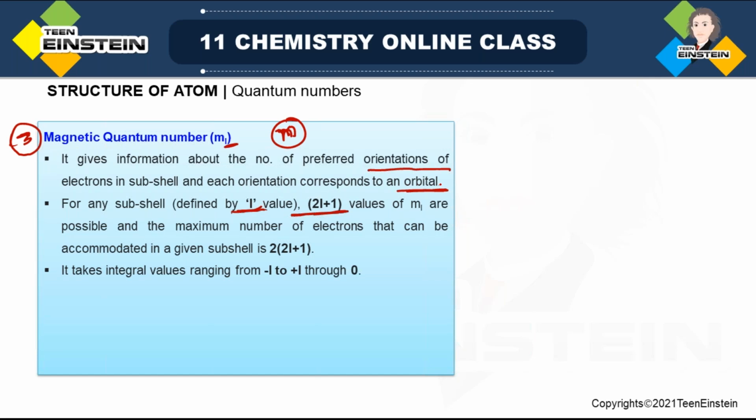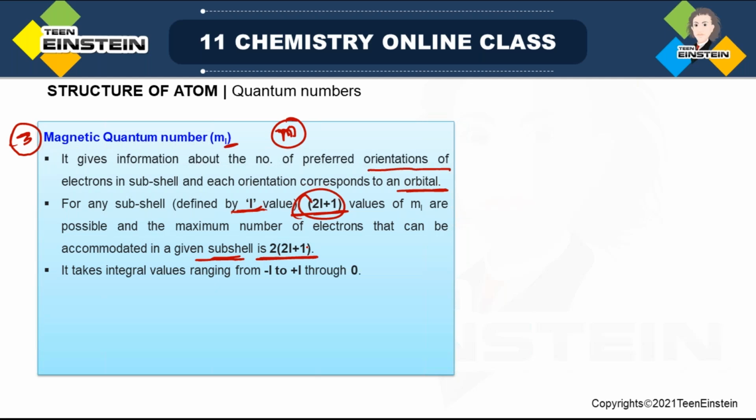For each orbital, if you consider 2 electrons per orbital, because that is the maximum capacity, and the total number of orbitals is 2l plus 1, then if you want to know the maximum number of electrons that can be accommodated in a given subshell, simply multiply 2l plus 1 by 2, because per orbital there will be 2 electrons. So obviously it must be multiplied by 2.